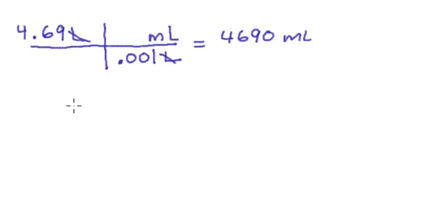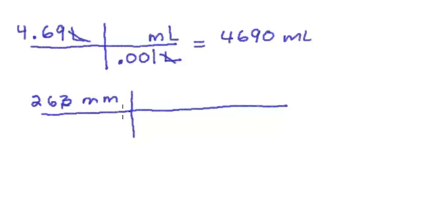Now let's say that I needed to change 263 millimeters to kilometers. So I have 263 millimeters. I want that to be kilometers. It's easiest for me to go through meters first, so I'm going to do two conversions. So I'm going to change my millimeters to meters, and then I'm going to change my meters to kilometers. Now I need to make sure I set up my units correctly.